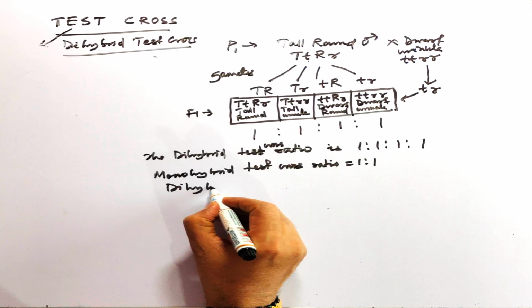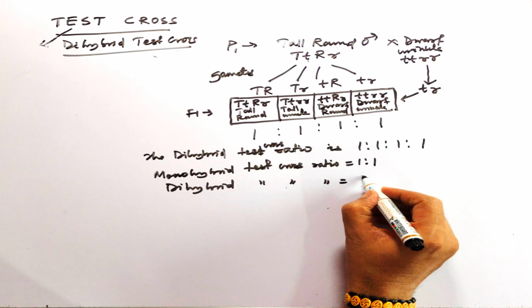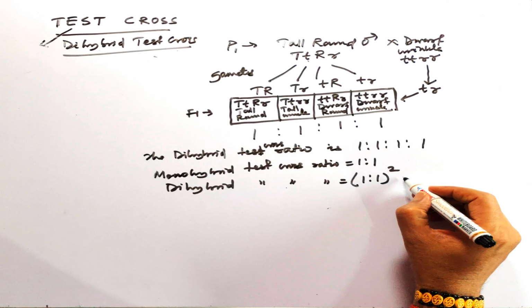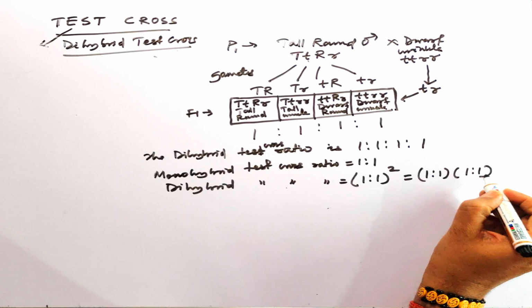The dihybrid test cross ratio is 1:1 to the power 2, or we can write 1:1 into 1:1.